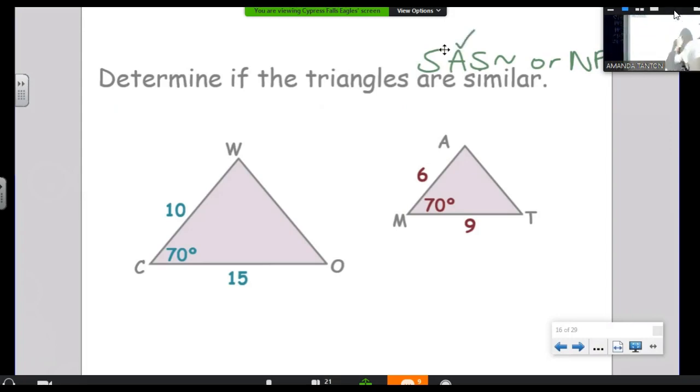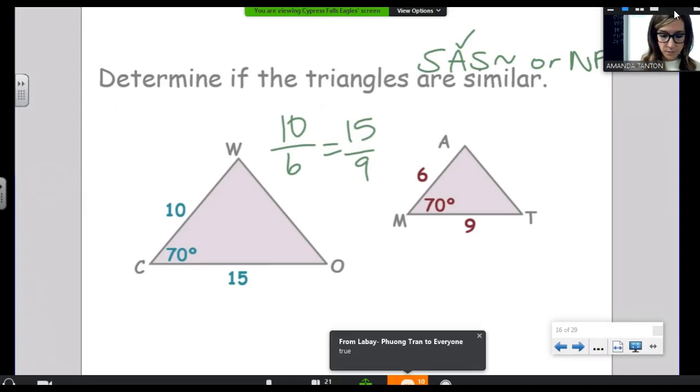Let's make sure 10 is to 6 as 15 is to 9. There's no certain order you need to set these proportions up in. I chose to start with 10, but there's no reason I had to start with 10. Could have started anywhere. All right, so true or false? 10 is to 6 as 15 is to 9. True.